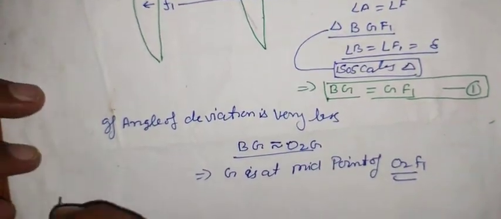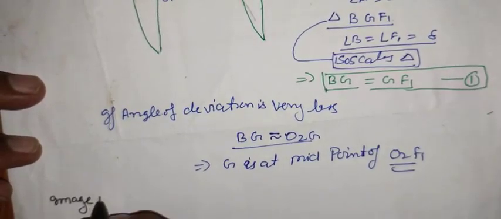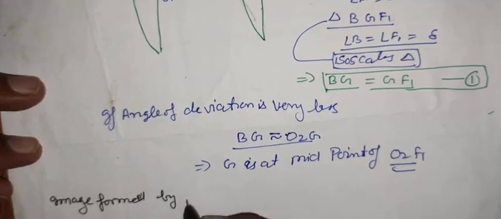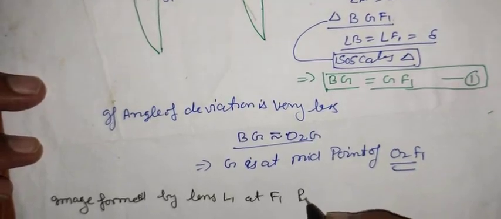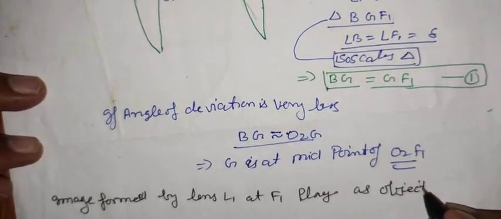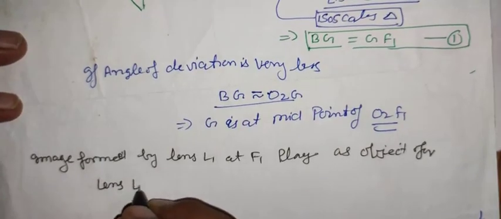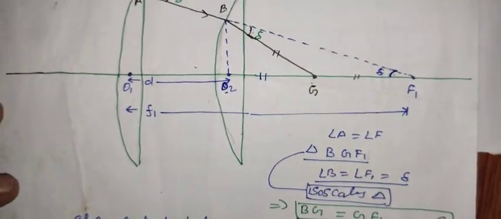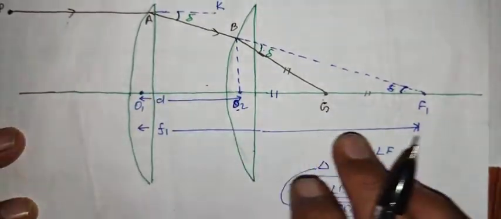So the image formed by lens L1 at F1 plays as an object for lens L2.